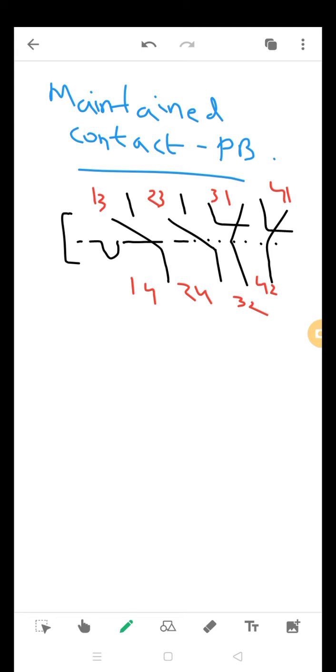The only difference this diagram has is this indication here, which indicates it is not momentary, it's maintained contact.